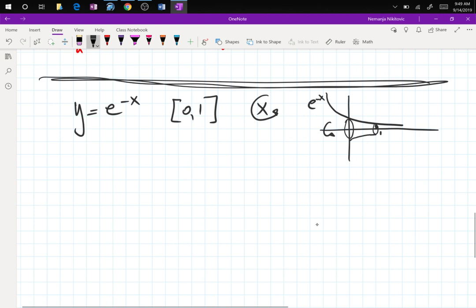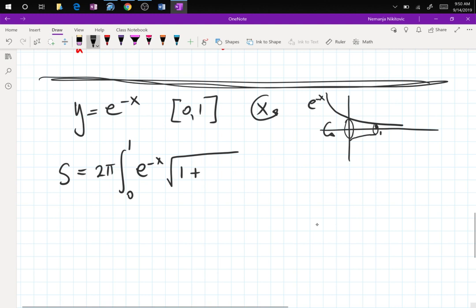So we can immediately go and calculate the surface area as 2 pi integral 0 to 1. Your a and b are given, right? So you just put them in, 0 to 1. And we have e to the negative x times the square root of 1 plus, and now you need the derivative of e to the negative x.